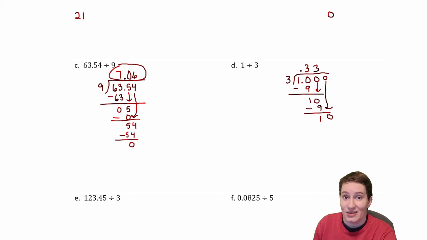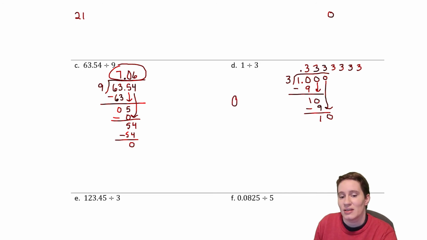I knew that at the outset of this, by the way. So what's happening here is that no matter how far we go, we're going to keep getting 3s. We call this situation a repeating decimal. So we would call the answer to this 0.3 repeating.